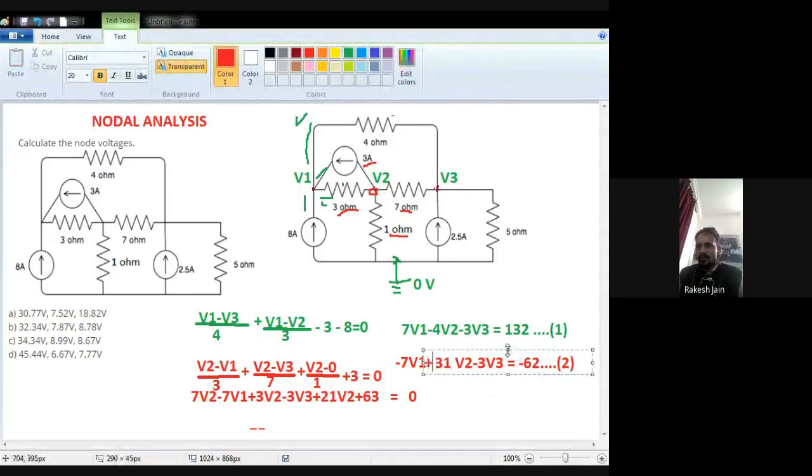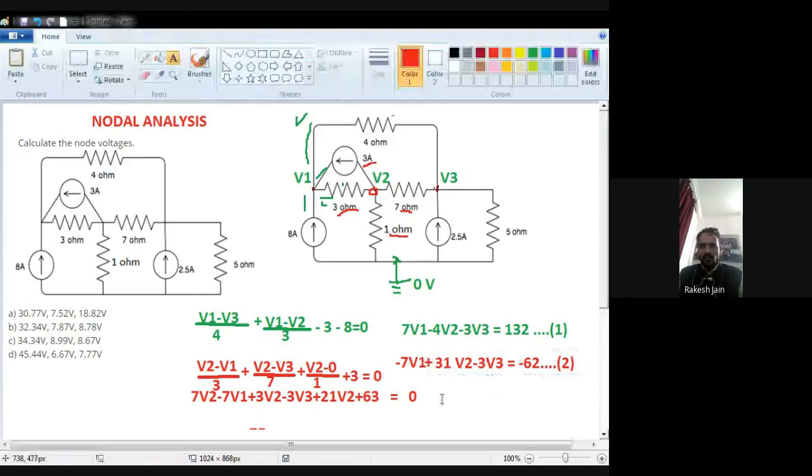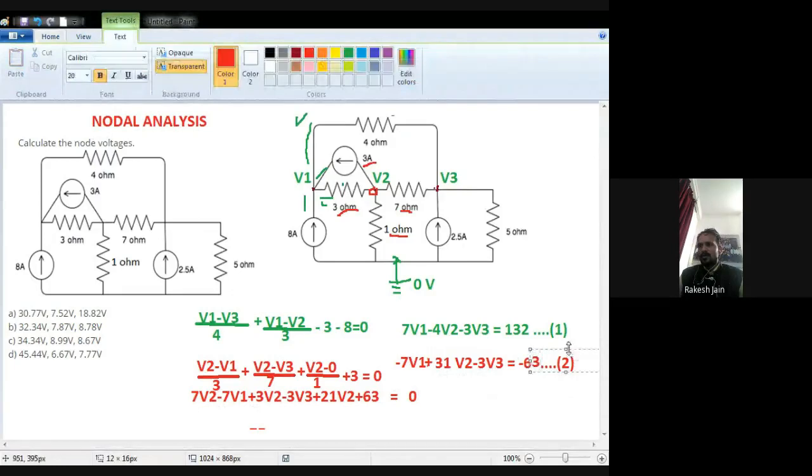So minus 7 V1, then plus 31 times V2, minus 3 V3, that is equal to, when this 63 moves to the right hand side, minus 63 at the right hand side. So this will be my equation number second.